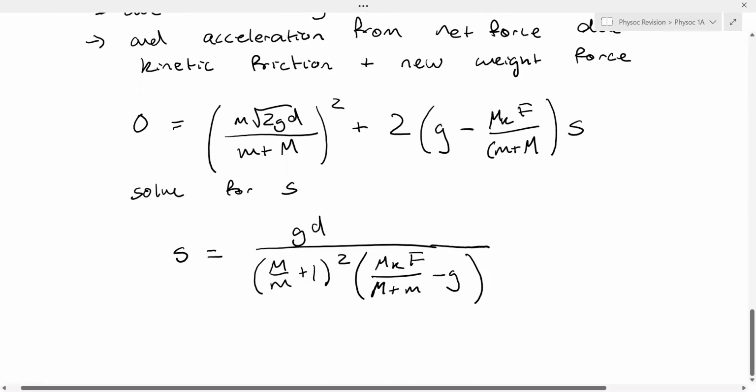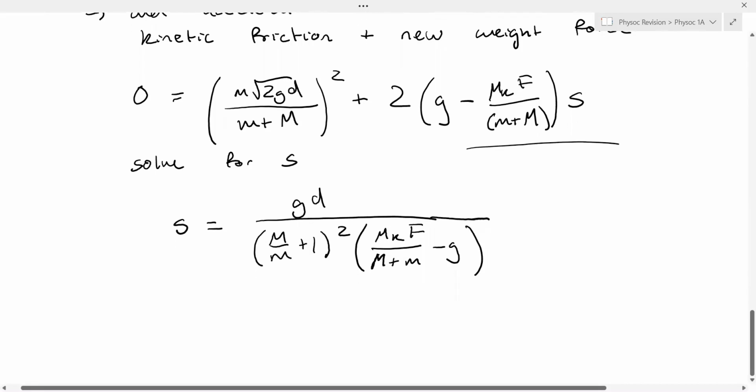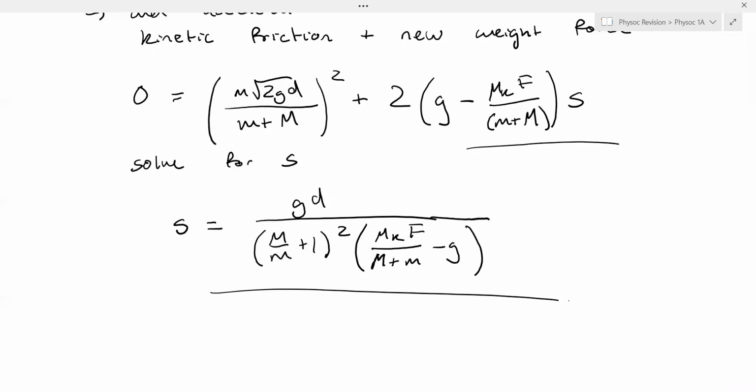Although if you got something like this in the exam, as much of a pain as this would be to write out in the Moodle terms, it would probably still be fine. But this is probably as simplified as you can get it by taking out m's and rearranging it for the different signs. So that is officially the final answer for that.